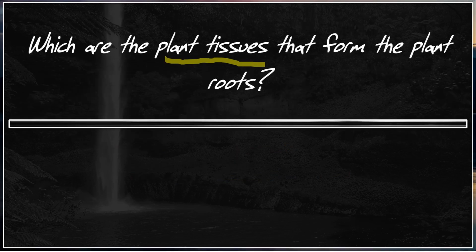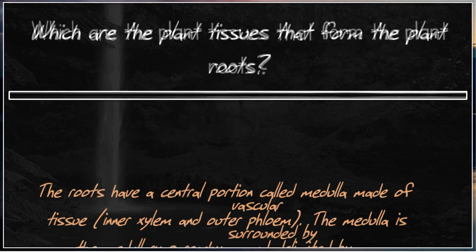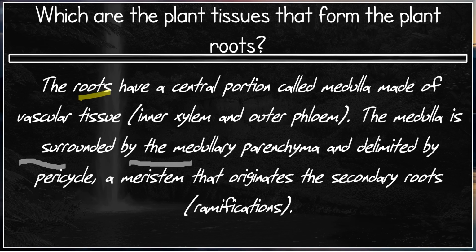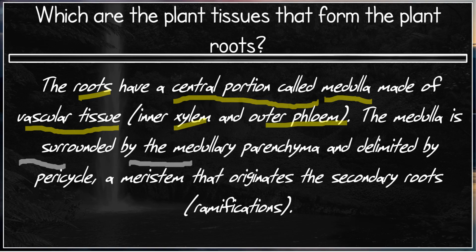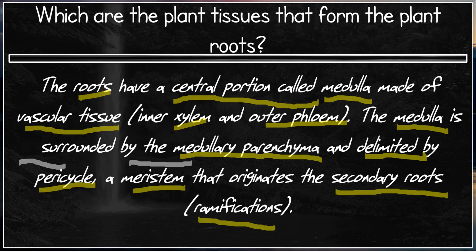What are the plant tissues that form plant roots? The roots have a central portion called medulla, made of the vascular tissue, inner xylem, outer phloem. The medulla is surrounded by the medullary parenchyma, delimited by pericycle, a meristem that originates the secondary root ramification.